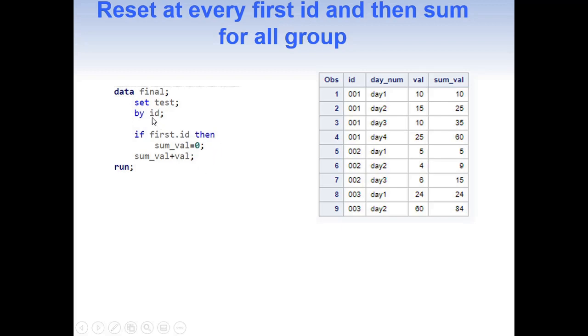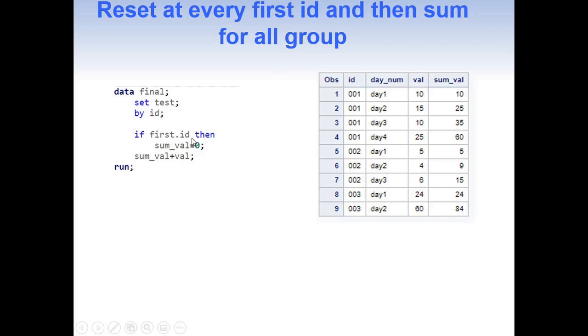I have made a very detailed video on how to use by variable and then using first dot variable, and I will give the link for the same in the description below. And again we have our sum statement as shown in here. What is happening in here?